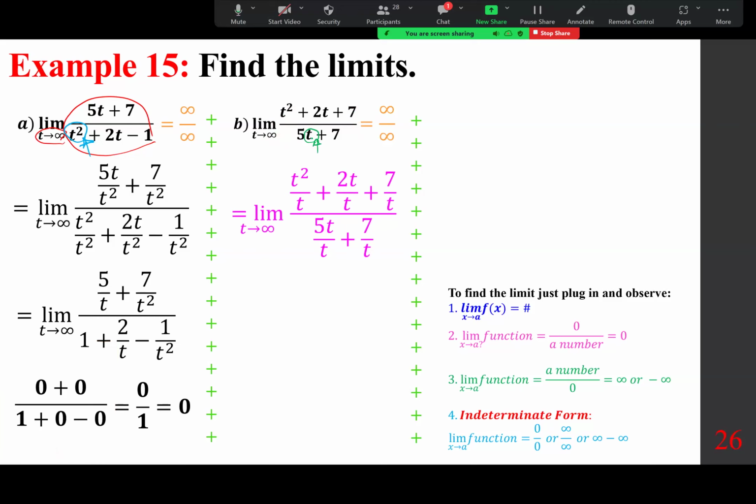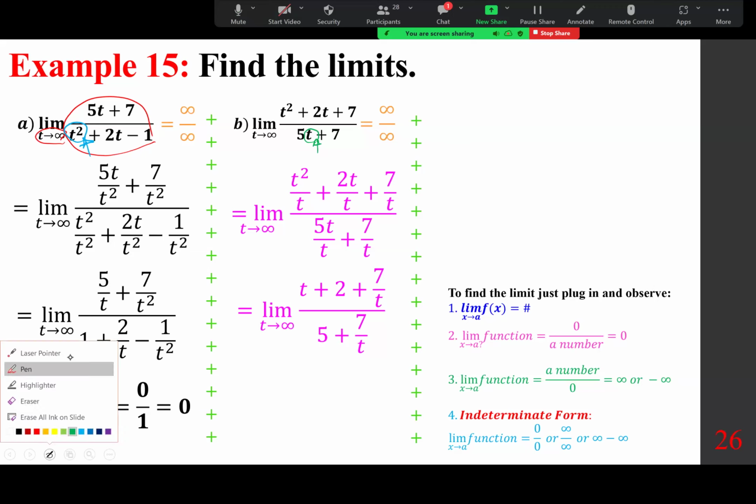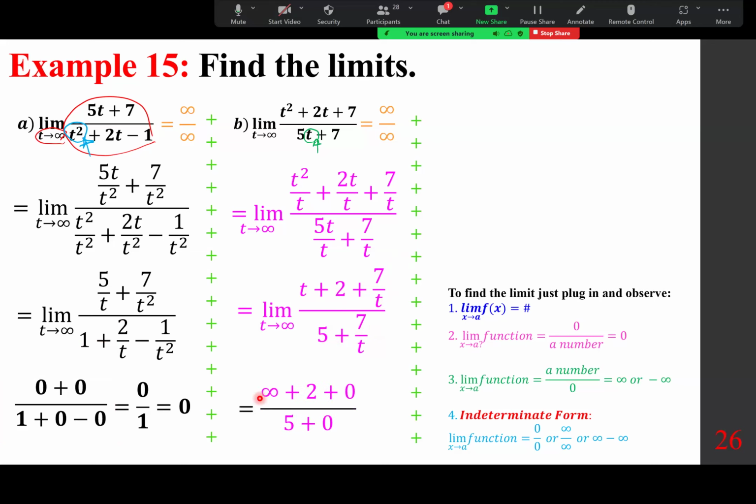There are 3 terms in the numerator, 2 in the denominator. Each one gets simplified as follows. And now you plug in. This is infinity, this is 2, this goes to 0, this is 5, this goes to 0. Please understand infinity plus 2 or minus 2 or minus 10,000 is infinity. Infinity divided by 5 or multiplied by 5 or divided by 10 billion, it's infinity.